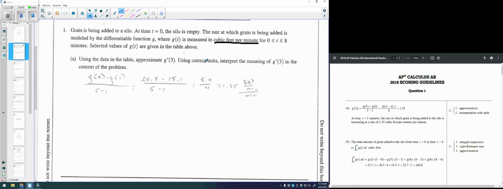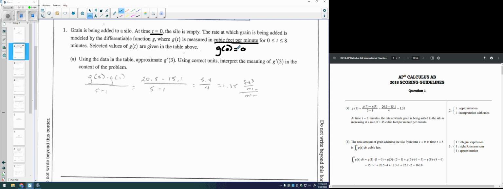And at time equals 0, the silo is empty, so G of 0 equals 0 is another way of saying that. Those are 2 big things. If you wanted to write somewhere on the paper, G of 0 equals 0, that might be helpful, just so that we don't forget our initial condition.